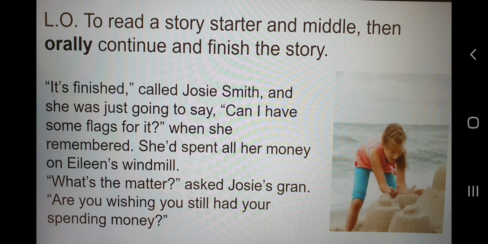"It's finished," called Josie Smith, and she was going to say, "Can I have some flags for it?" when she remembered she had spent all her money on Elaine's windmill. "What's the matter?" asked Josie's Gran. "Are you wishing you still had your spending money?"